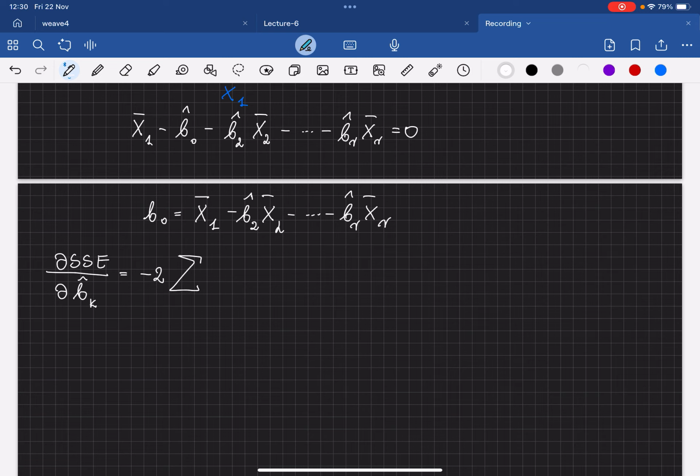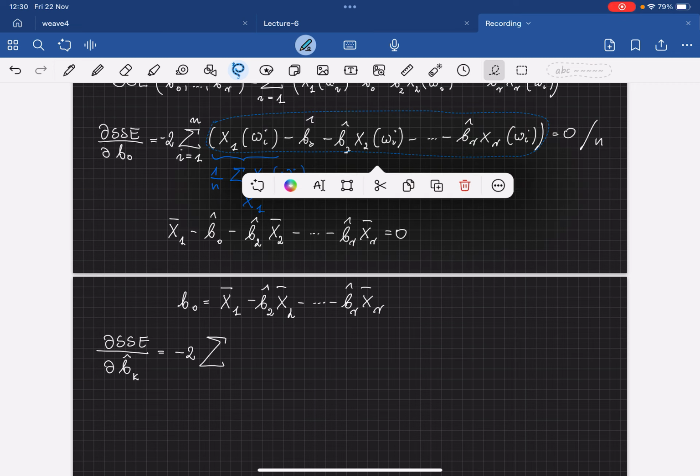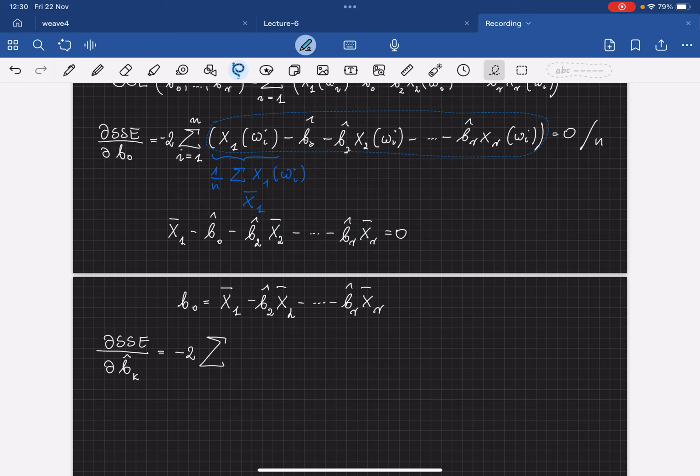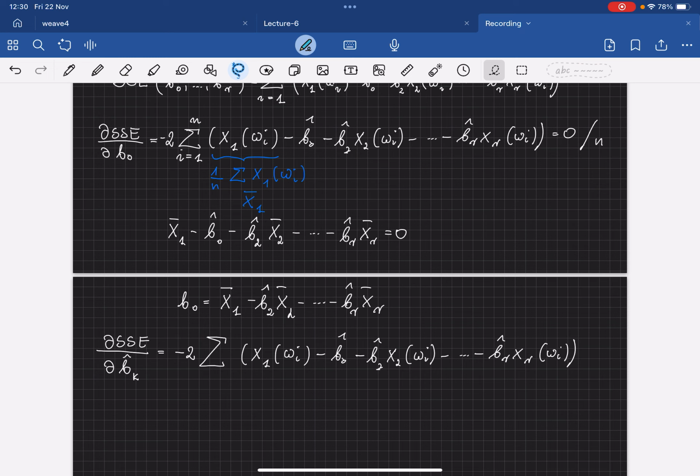We have the same bracket as previously, so I will copy it. It will be faster. But since we have differentiated with respect to some coefficient which is multiplied by a variable, that means that we have to put this variable somewhere here.